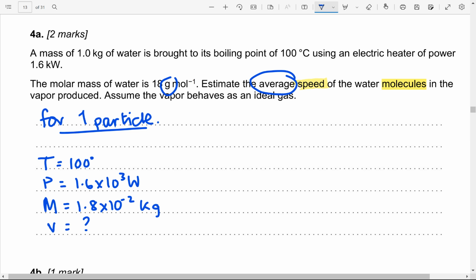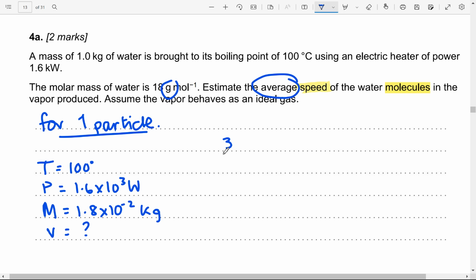So the way we go about this is by putting the kinetic energy of a substance equal to half mv squared, and V is the average speed. Okay.